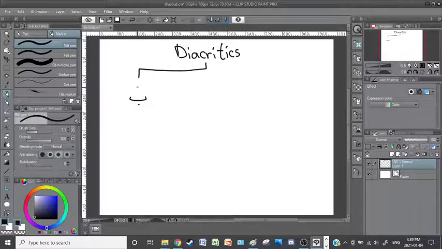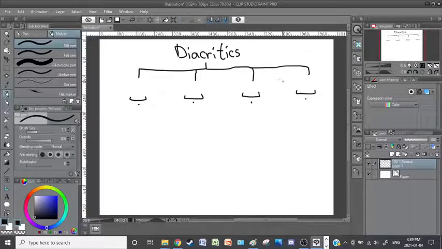Actually, I will write the base first, and then each diacritic I will give a different color for emphasis. Ba and ba. There is a 5th type. However, the 5th type involves a fusion of 2 of the 4 types. So I will leave that 5th fusion at the end.